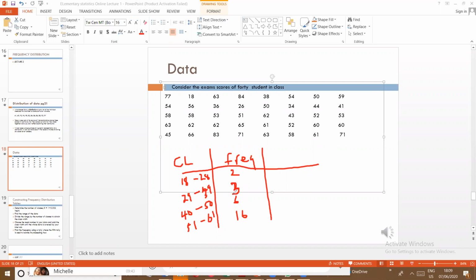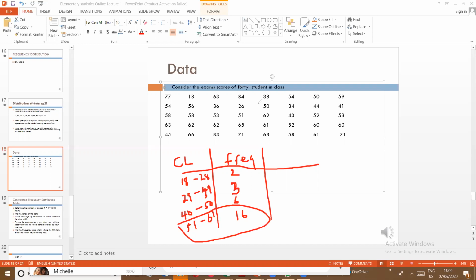So when you look on the table, clearly, this table tells us that we have the highest frequency occurring between 51 to 61 on the table.